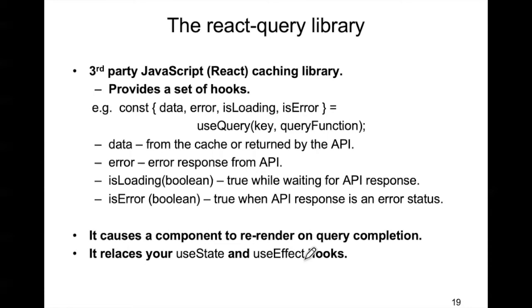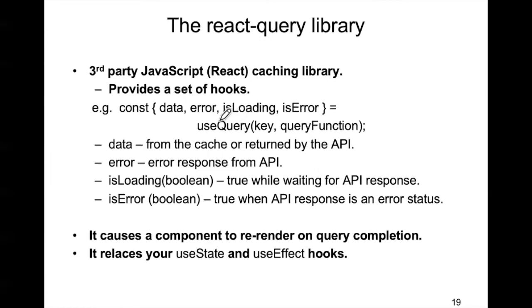So on the previous slide, I was talking about making GET requests and delete requests and purge requests to our cache. The React Query library doesn't provide us necessarily with that kind of interface. It simply provides us with a set of hooks that we can use in order to make what are essentially GET requests, I suppose. So here's one example, and here's the most commonly used hook, called the useQuery hook.